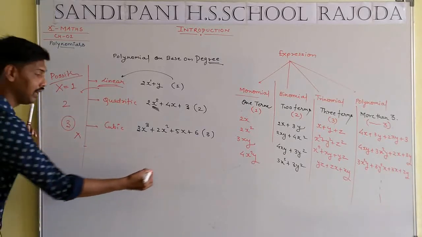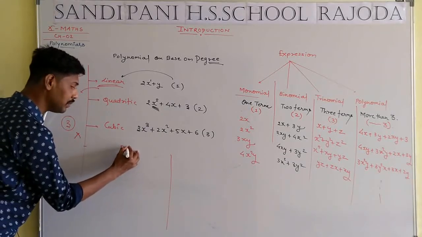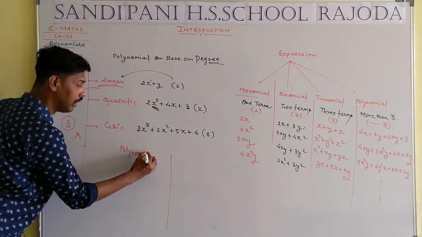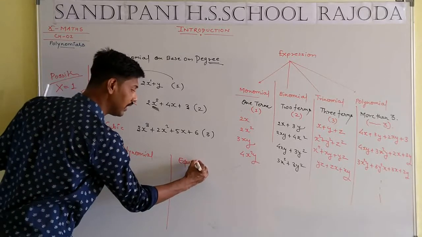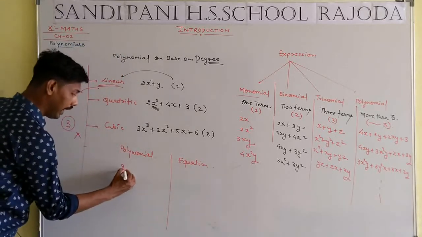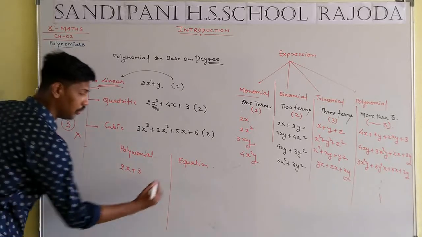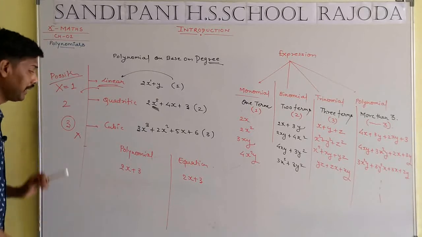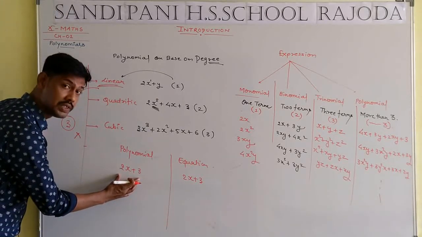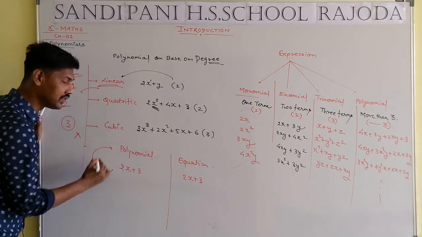So now finally, what is the basic difference between polynomial and equation? 2x plus 3, both are expressions. But when the expression consists of only LHS, it is known as a polynomial.